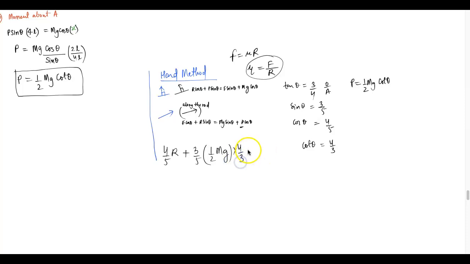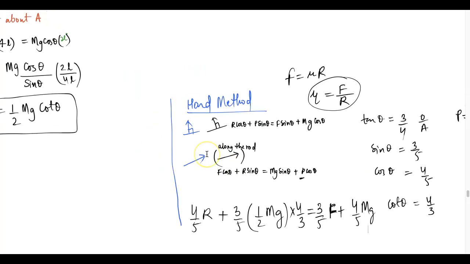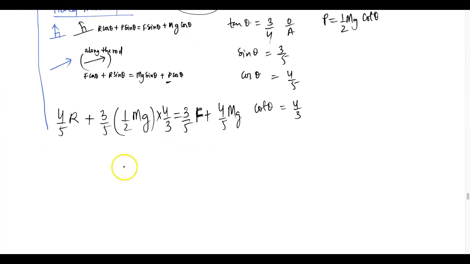That is equal to F sine theta, 3/5. Let me write it like this: 3/5 of F plus cos theta is 4/5 of mg. Okay, we can simplify this.